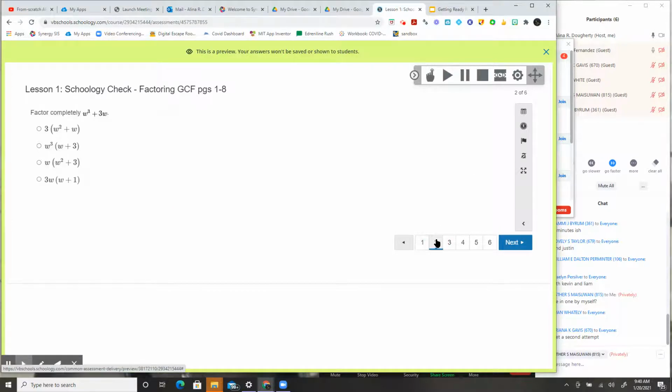So then if we look at the next one, this is the whole completely factored out thing. So is there a number that I can take out? Do you have w cubed plus 3w? What can I take out of both of those? Can I divide them both by 1? A w?